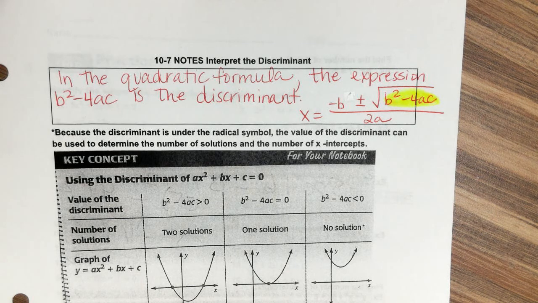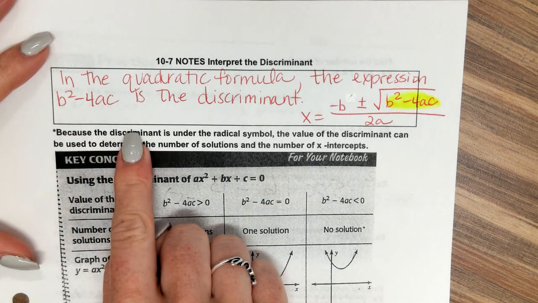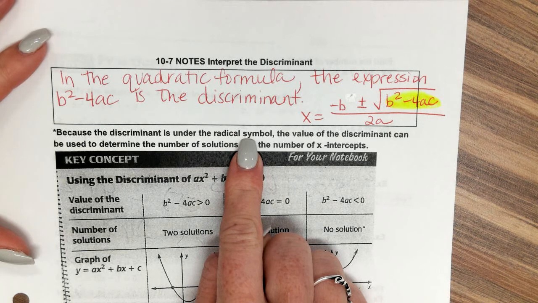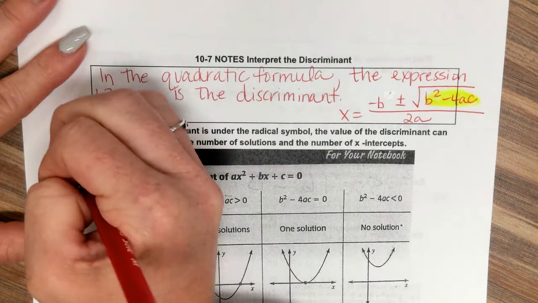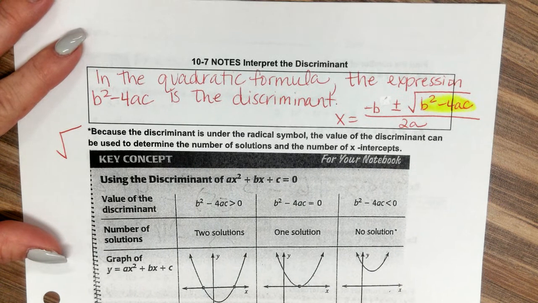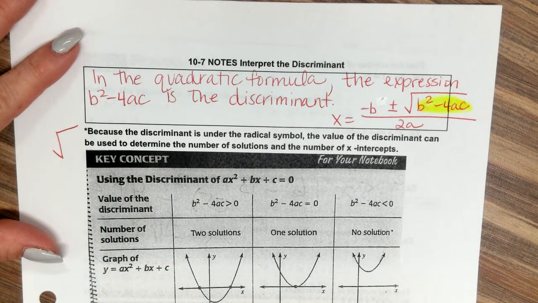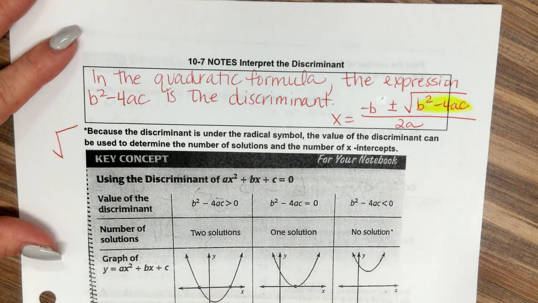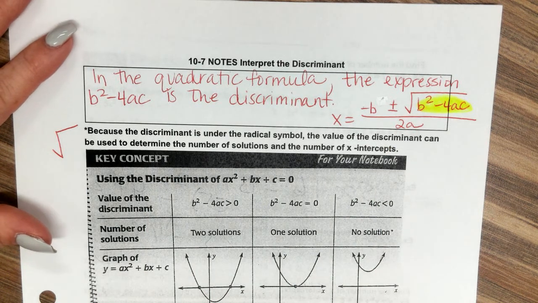So what we're going to learn is that because the discriminant is under the radical symbol, the value of the discriminant can be used to determine the number of solutions.